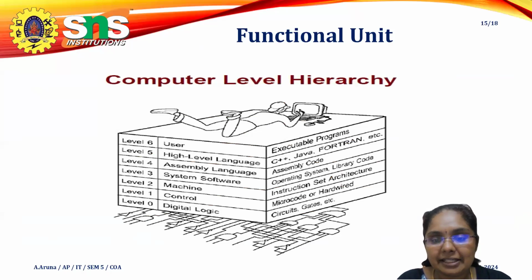The high level language is the human understandable language; all programming languages we can call high level languages, and this can be executed by the user. So for executing a program, we have to come across these 7 levels, needed for executing any type of program.